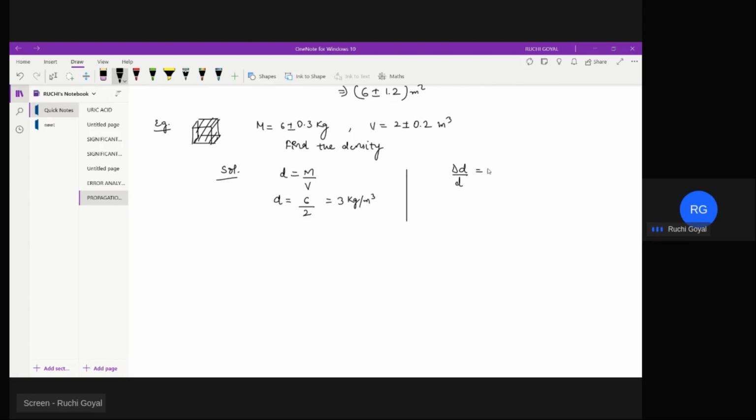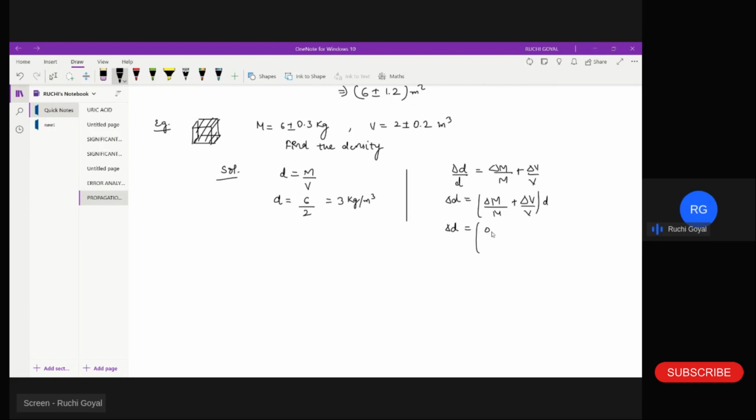Delta D by D will be equal to delta M by M plus delta V by V. Delta D will be delta M by M plus delta V by V, into D. This is the formula.